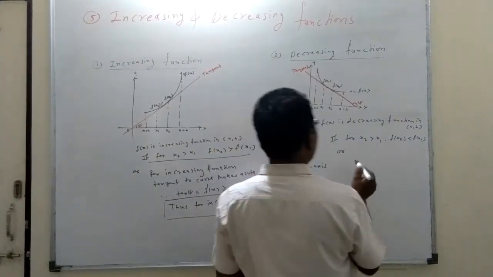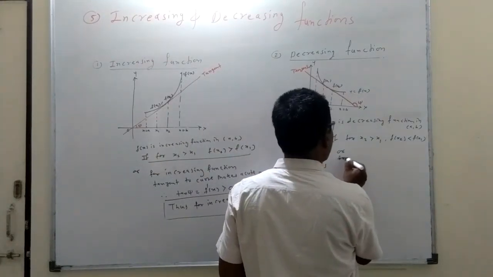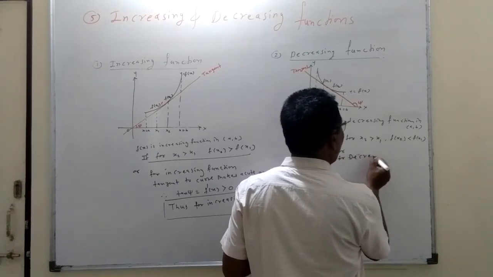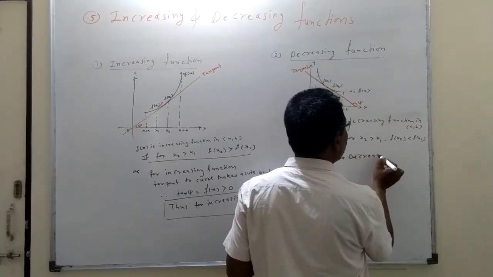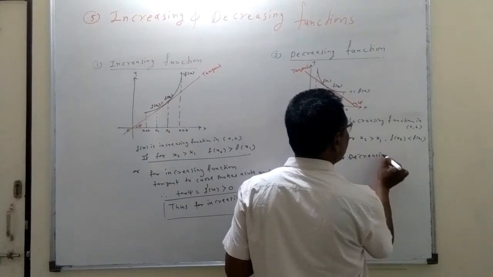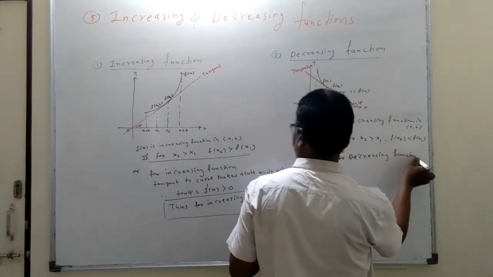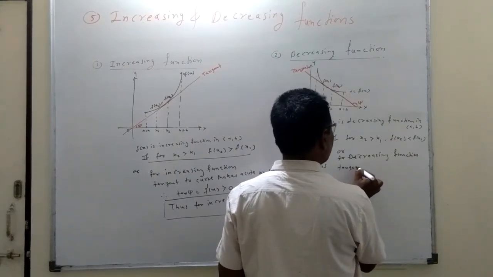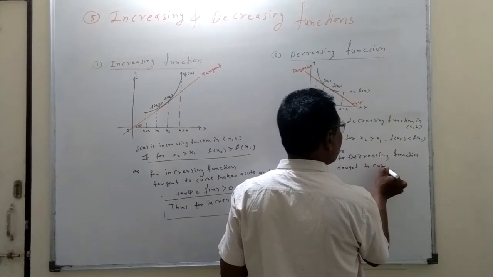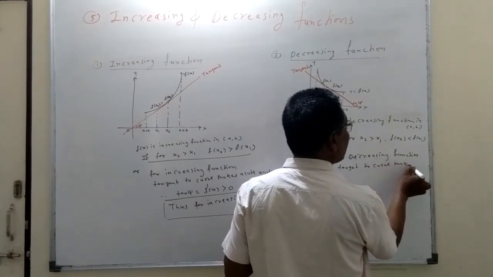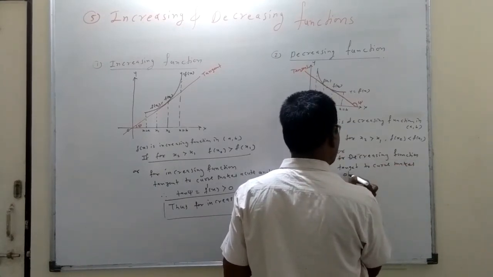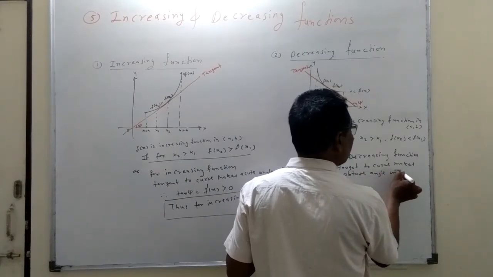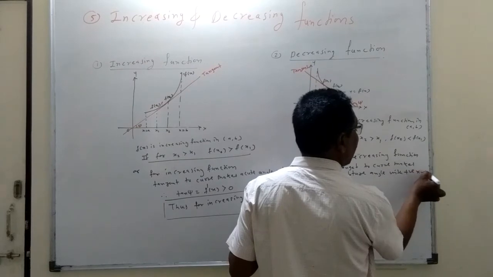So for a decreasing function, the tangent to the curve makes an obtuse angle with the positive x-axis.